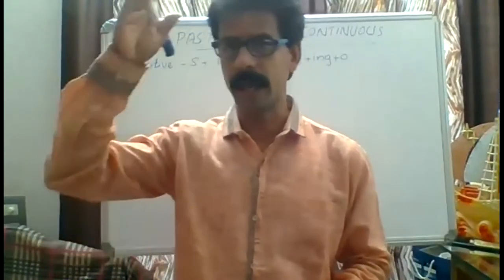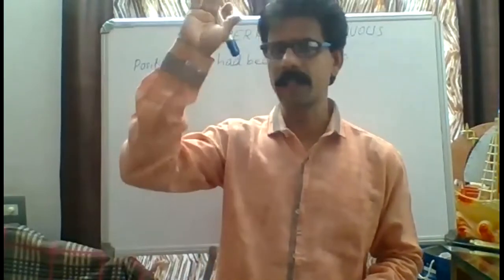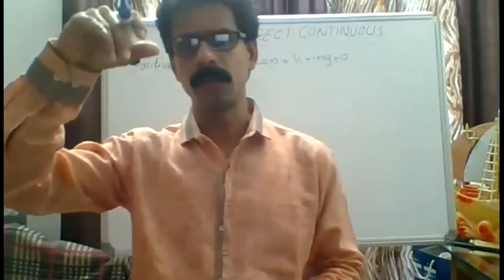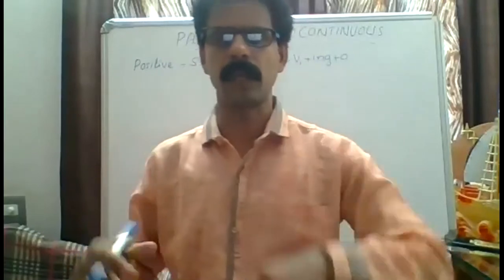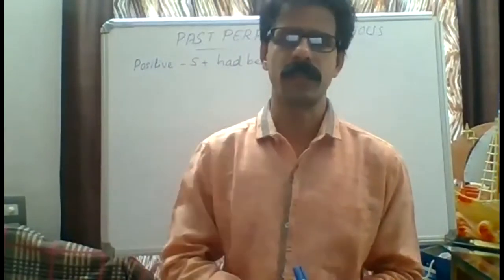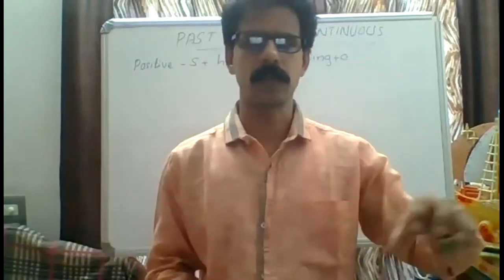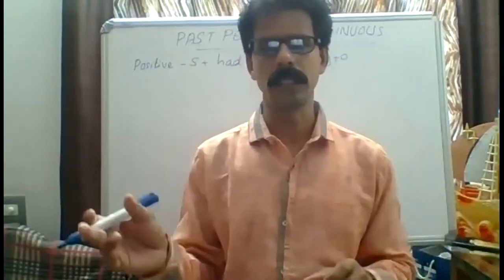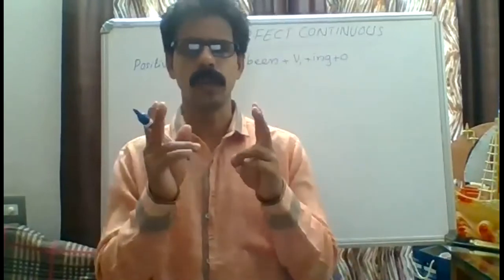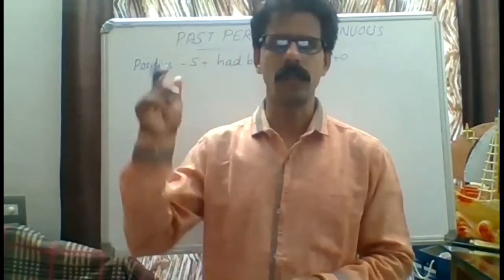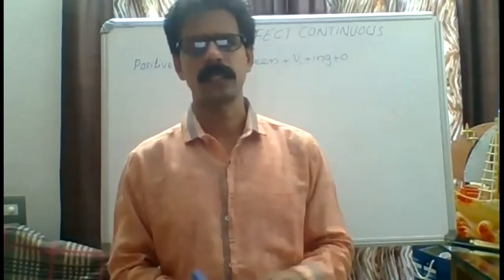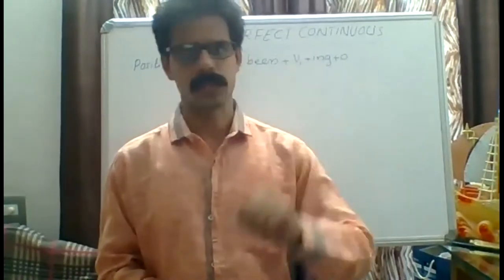Both actions are already completed. About the finished activity I am speaking with the help of past perfect continuous and simple past. It is mixed. When the sentence becomes a little longer, when we mention two actions, particularly the past perfect continuous is used.